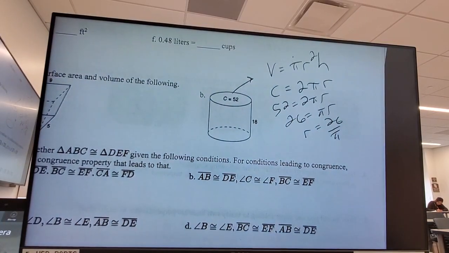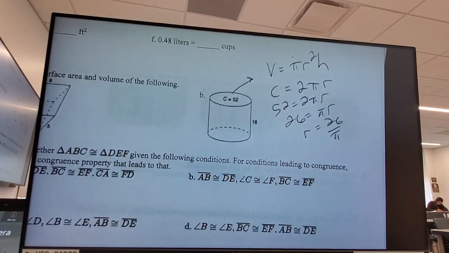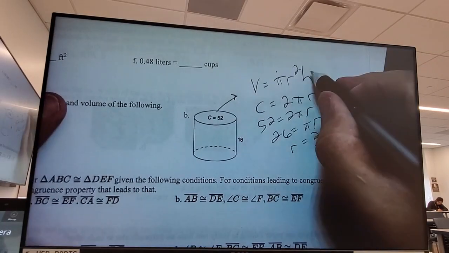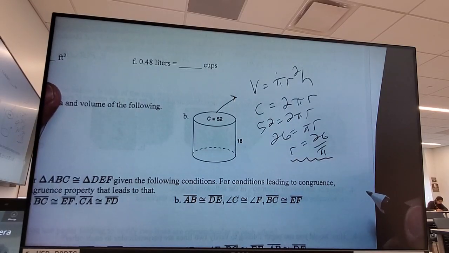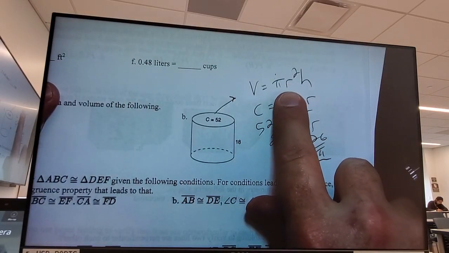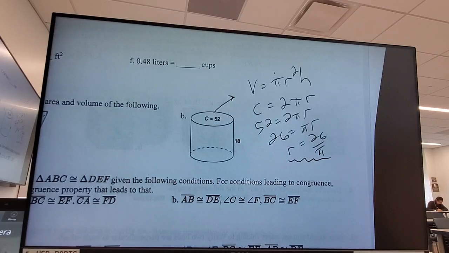(26 over pi). So then what's the volume? Is that what you want the radius to be? 26 divided by pi. Is that what you want it to be?